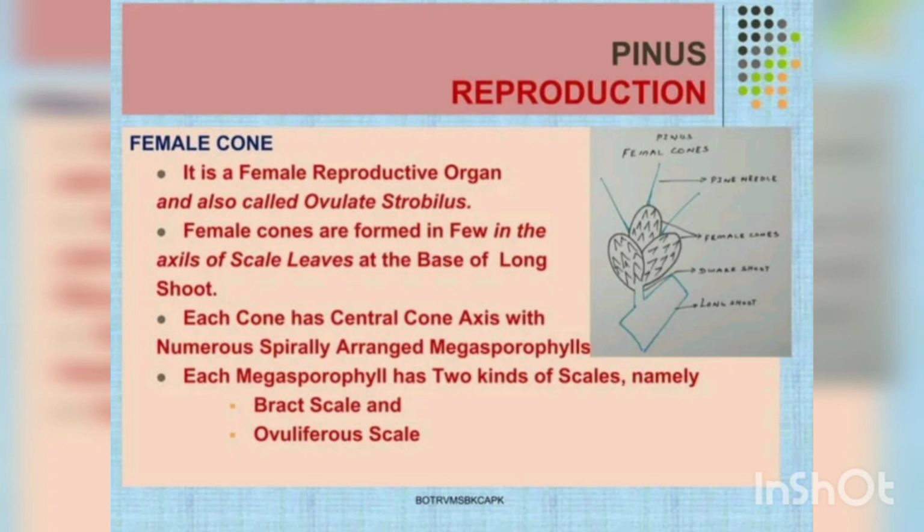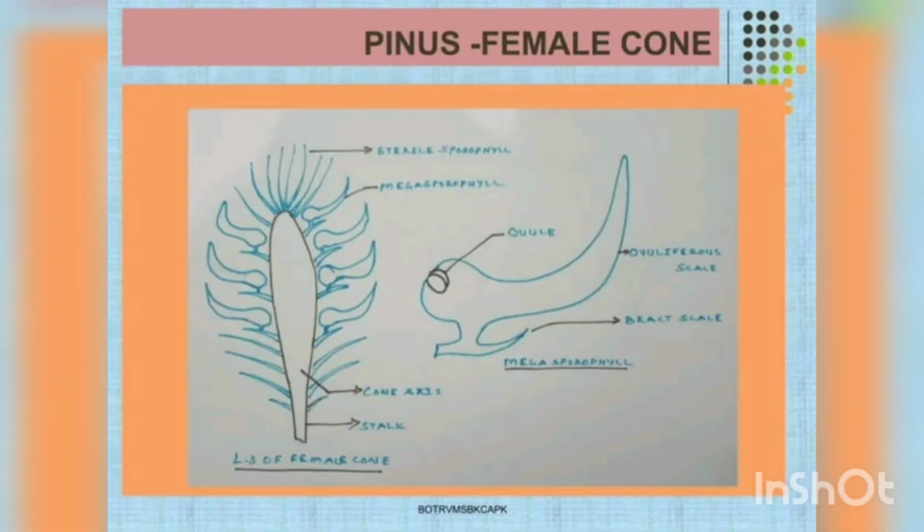The female cones are also found in clusters, but the number of female cones in one cluster is fewer. It may be 4 or 5 female cones in one cluster, but for microsporophylls we've seen that the number of male cones will be 50 to 100 in one cluster.